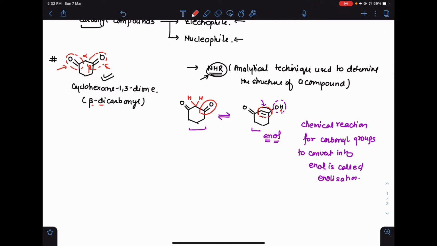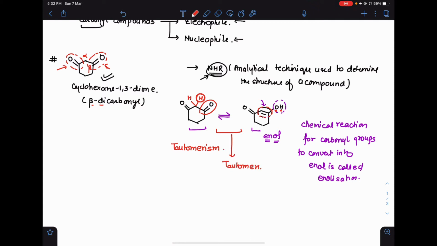So it is a chemical reaction in which intramolecular proton transfer occurs. If you see in this chemical reaction, what happened? This H from here got transferred to oxygen within the same molecule. Such kinds of reactions are named tautomerism, and these two compounds are said to be tautomers of each other.